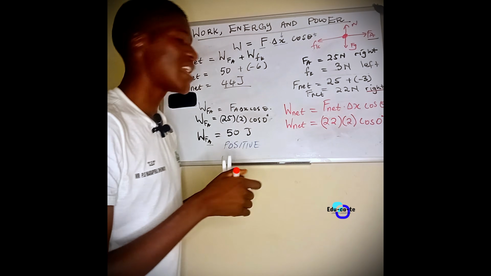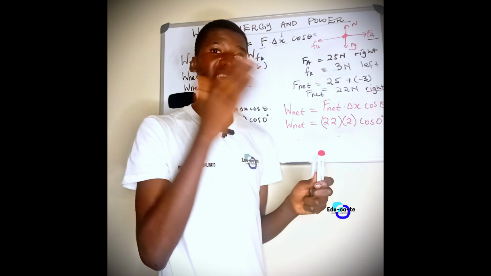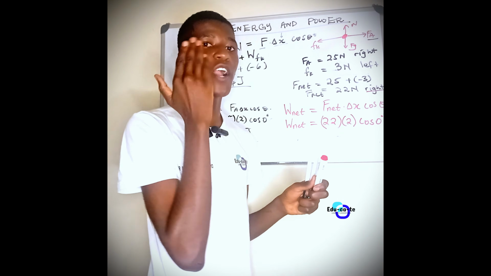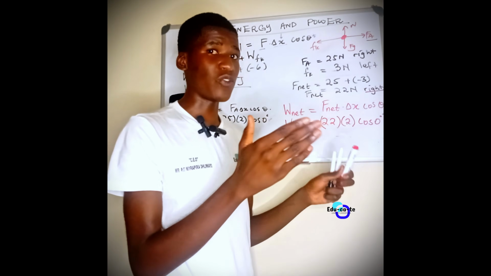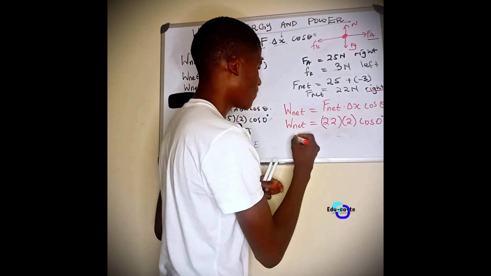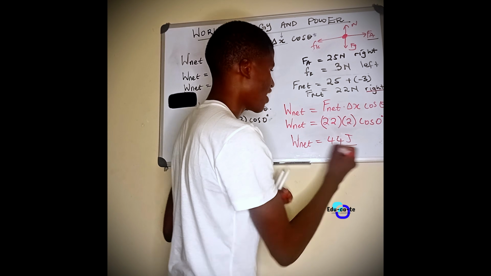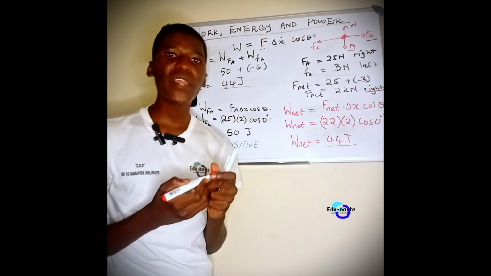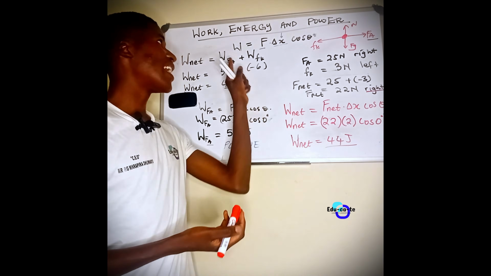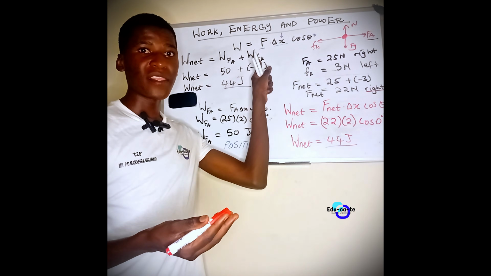Remember that when the force and the displacement of the object are going in the same direction, then we can use 0 degrees. So 22 times 2 will give us a net work of 44 joules, which is exactly the same as the net work that you get by adding the different works.